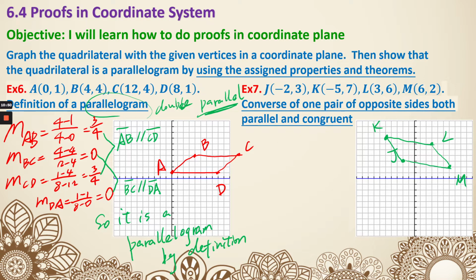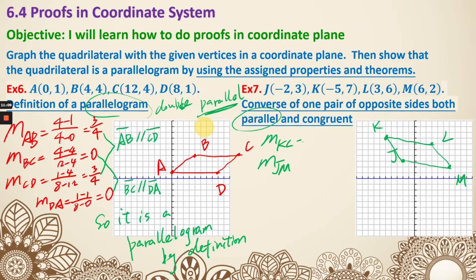Okay. This time it's asking to use the converse of one pair of opposite sides both parallel and congruent. Parallel is easier to use. You can use either KL and JM or KJ and LM, either one. I'm going to use KL, and I'm going to use JM.